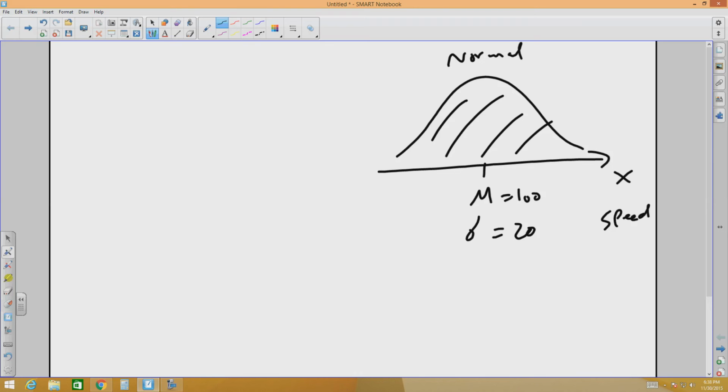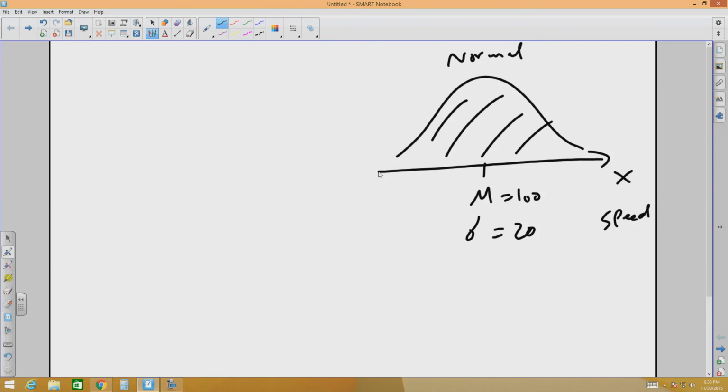So now I have this variable that's normally distributed. It has an average, it has a standard deviation, it's a continuous variable, and I can get the probability if I know that it's approximately normally distributed. The probability is the area under the curve. The area is 1. This shape is symmetric.